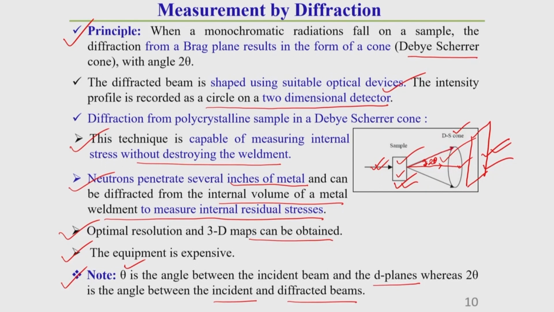In this case this angle is called the 2 theta angle; keep this in mind. So, this is the basic concept of the neutron diffraction technique. By analyzing the outcome intensity profile, we can predict the residual stress distribution inside the specimen. I am not going into further details on this.